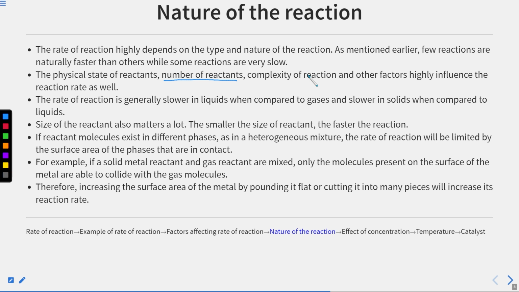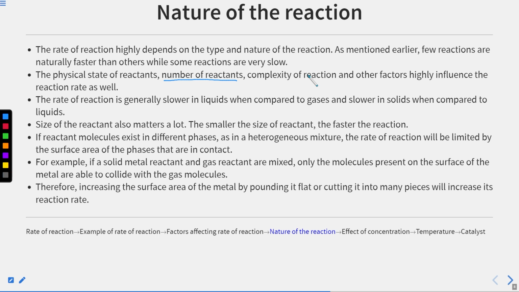Since the number of reactants is mentioned, you must have observed that when we carry out a reaction, the reactants do collide, and then they form the product. Now, if I have to collide two molecules to give the product, then the probability would be more than if I have three molecules to give the product.